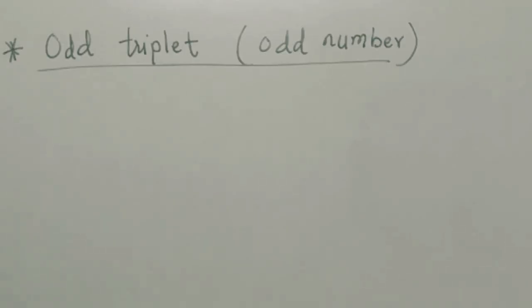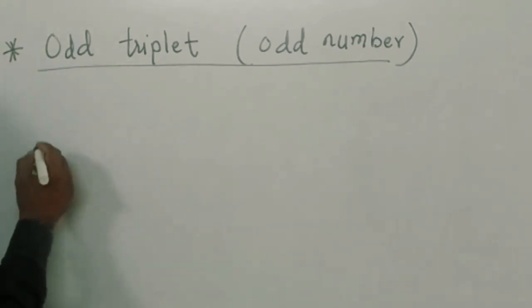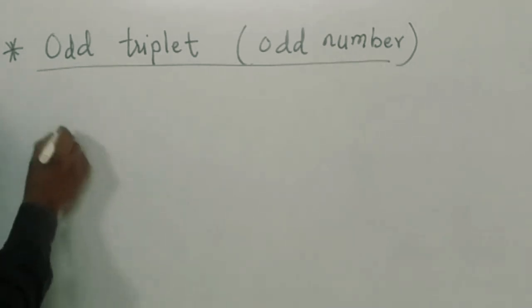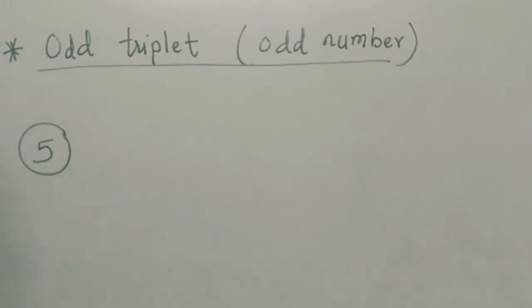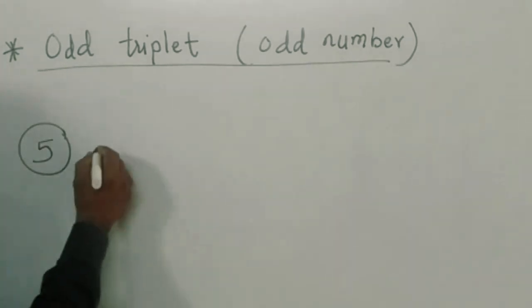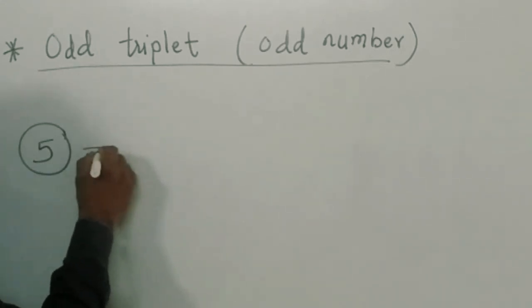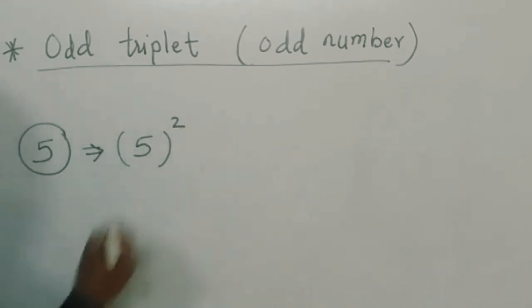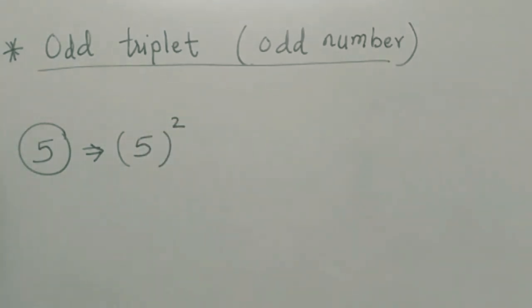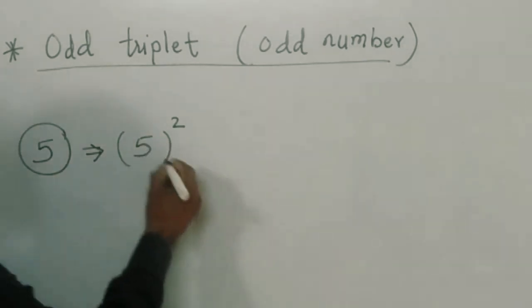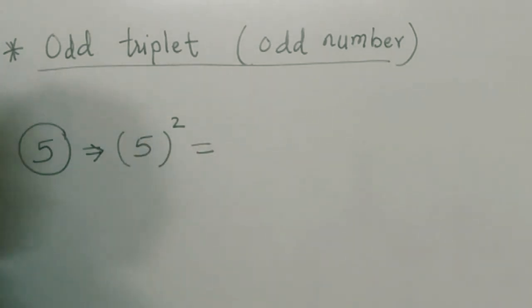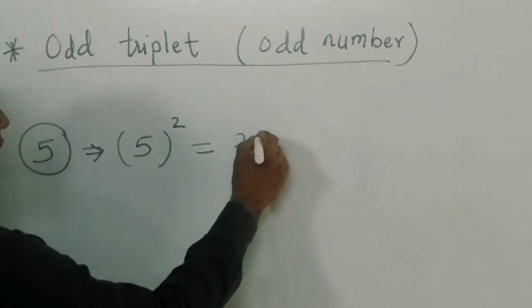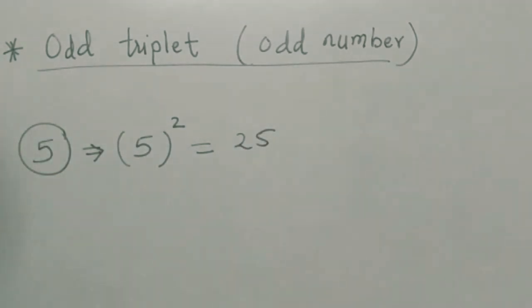Now we learn how to find odd Pythagorean triplets. So let us consider the odd number 5. Now the first step is you have to square the number, the smallest odd number, that is 5. 5 square is equal to 25.